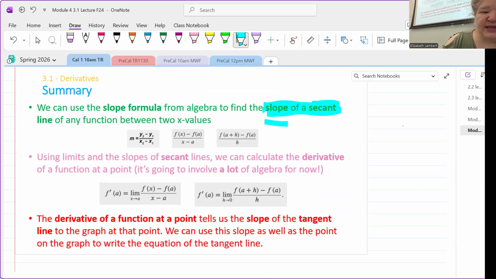Then when we calculate the slope of the tangent line, that's when we apply the limit. So slope of the tangent line is the same thing as derivative, and that's what these formulas here are.